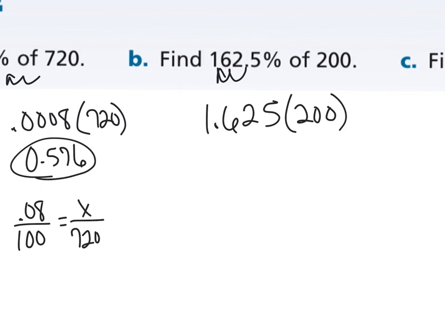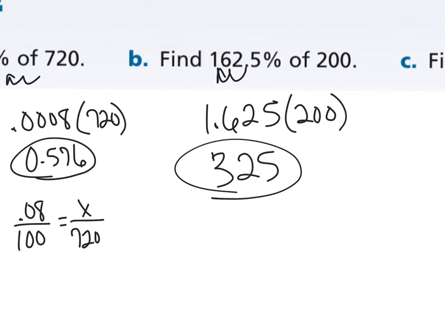A lot of what you guys initially worked with, you were doing that, but if we got over 100%, that's not going to be the case with those problems. Work that out would be 325, and that seems reasonable. 162.5%, that's over 1.5 times the 200. 1.5 times would be 300, so just a little bit more than that.